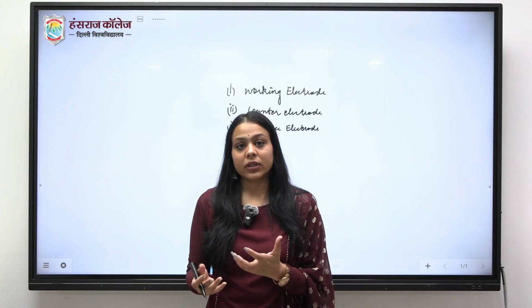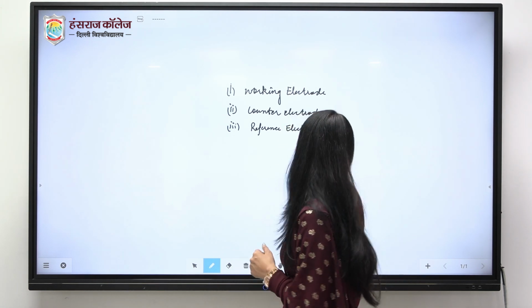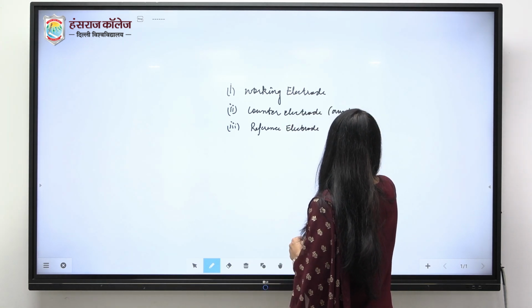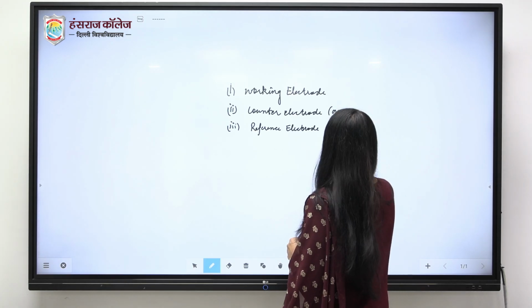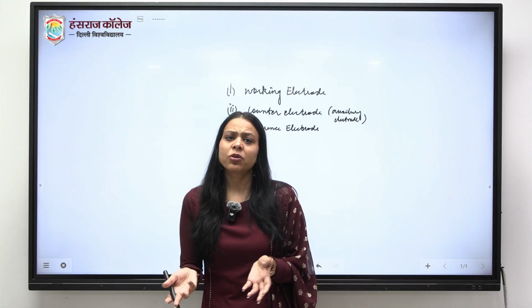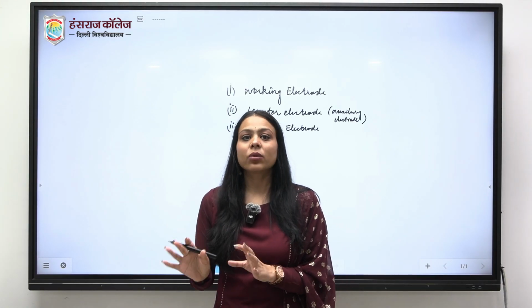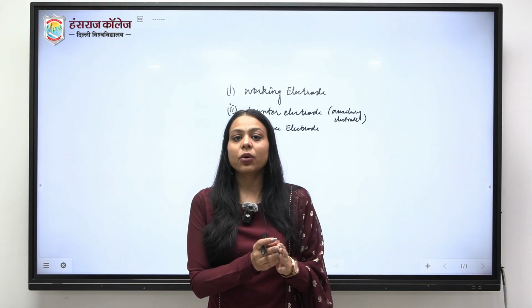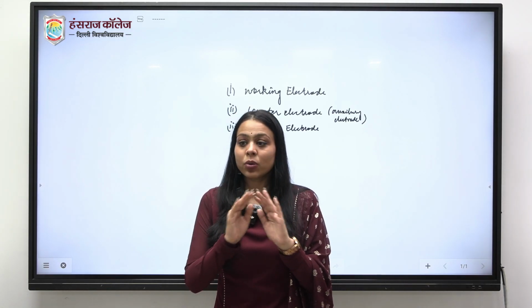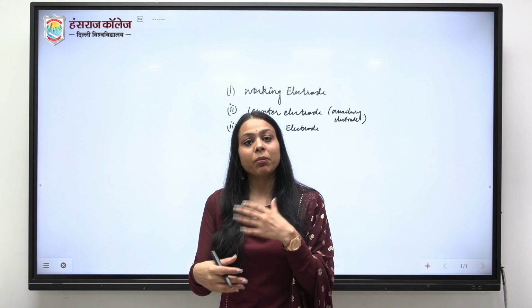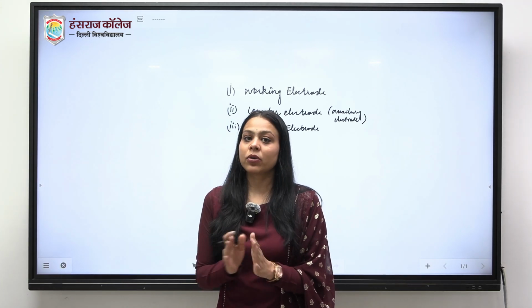Now, what is the counter electrode? Counter electrode is also known as the auxiliary electrode. Counter electrode could be any metal, whatever is feasible for you to carry out your experiment. It's only important that the main reaction should occur on your working electrode, and no other reaction which can interfere with your main phenomenon should happen on your counter electrode.